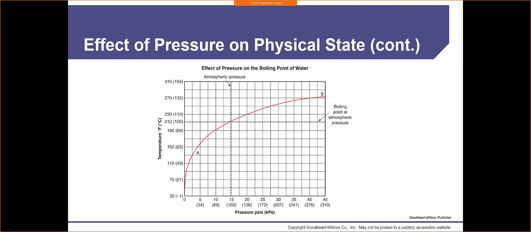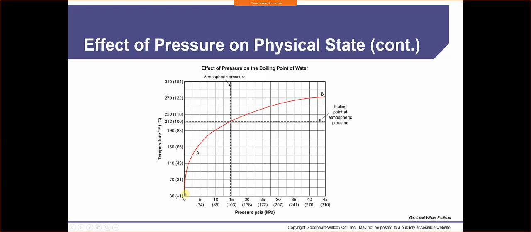So here's actually a perfect example of what I was just talking about, okay? We've got 212 degrees for the boiling point of water at atmospheric pressure, 14.7, so roughly 15 psi. As I stated, we're taking water and dropping the pressure down to almost 0. I was close as far as atmospheric pressure goes.